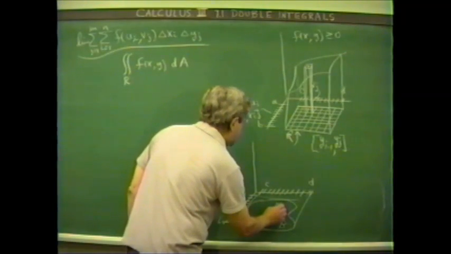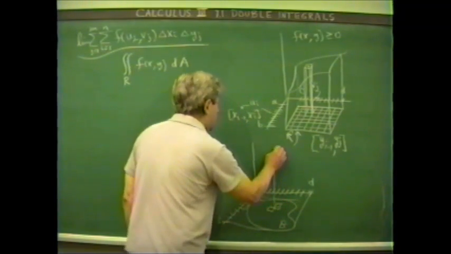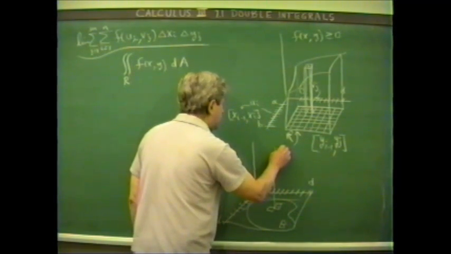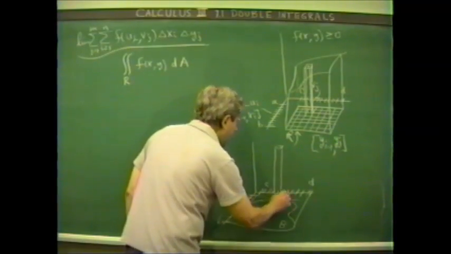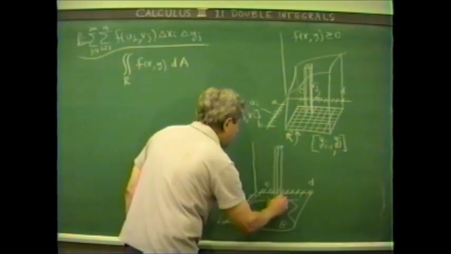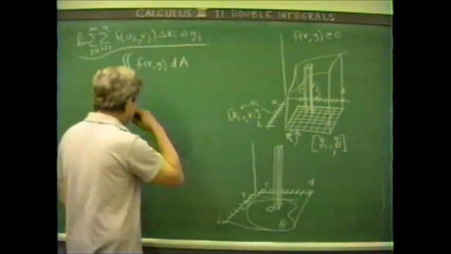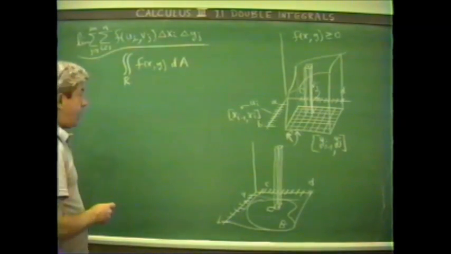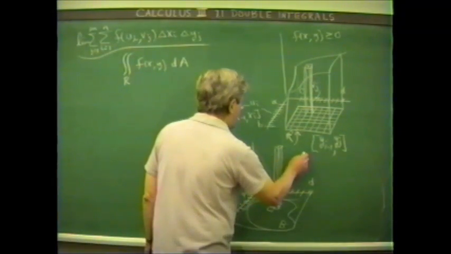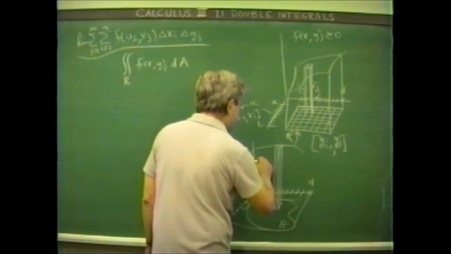What we wish then to do is to take the point ui, vj and compute the volume of these rectangular parallelepipeds. Oh, the surface here might actually look something like this.